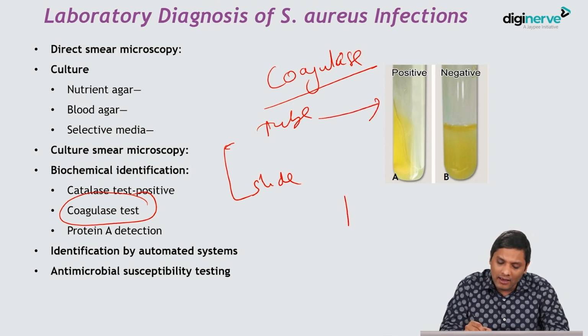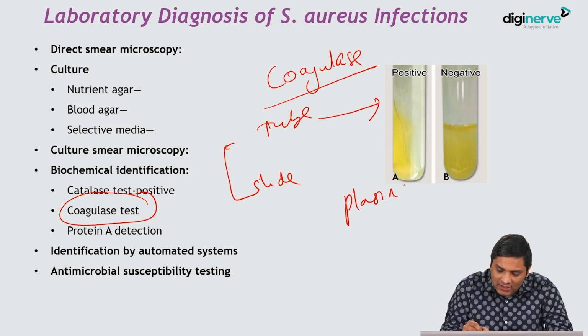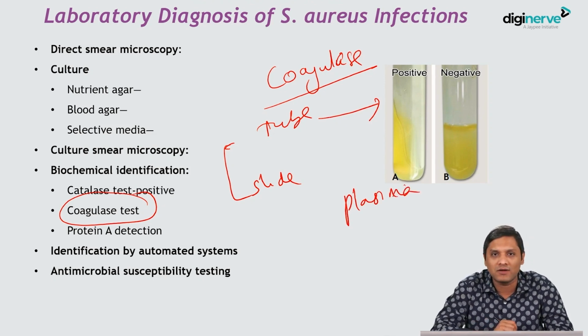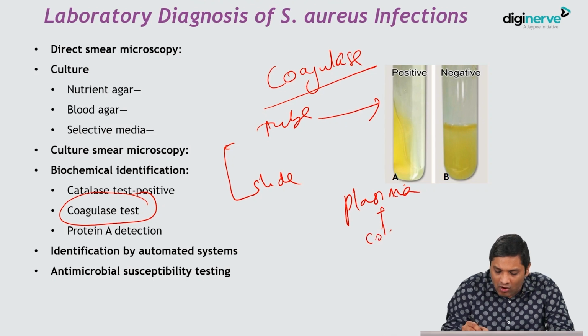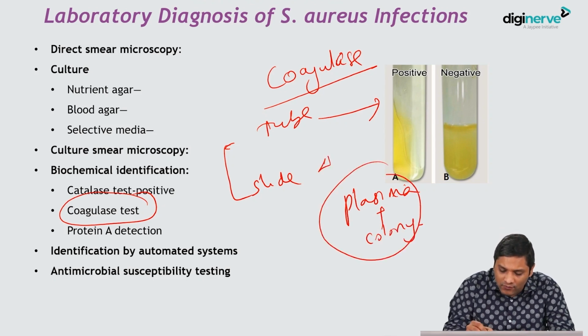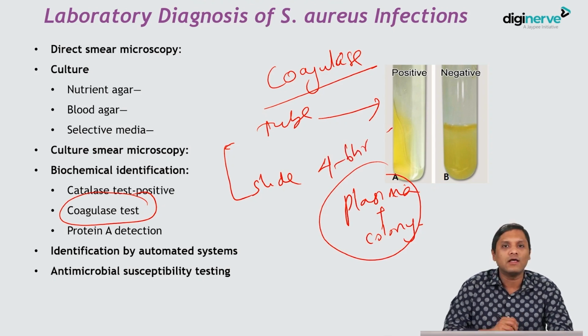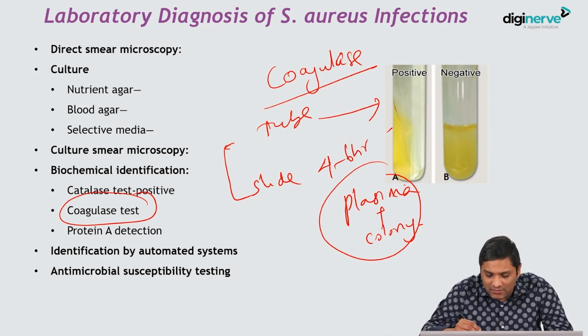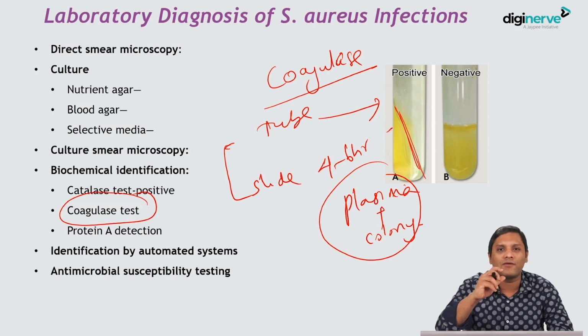Take plasma in a tube, mix a colony of Staphylococcus aureus, and incubate this for 4 to 6 hours. Then you will see the plasma is clotted. It will become firm.